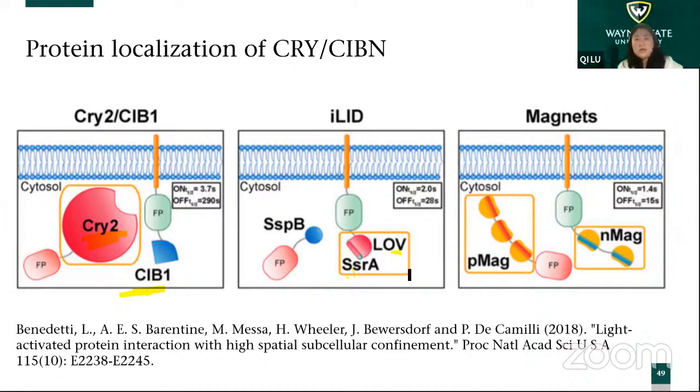This couple, and also the MAG and the pMAG, are also LOV domain based. So this article is a summary of different protein localization methods. You can use different pairs of protein interactions.